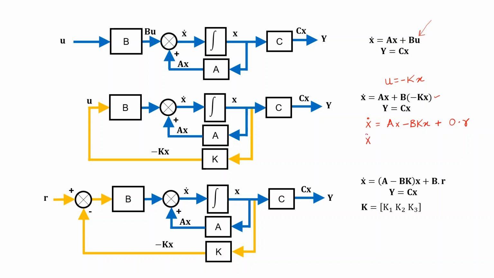So our equation becomes (A minus BK) times x plus no external input. I am writing it like this because we need to compare this equation with this equation. If we compare these two equations, then this is our B matrix, and this is our new A matrix or new system matrix.